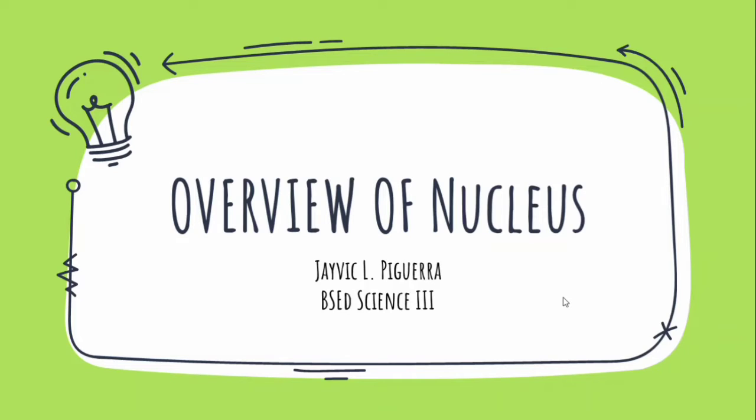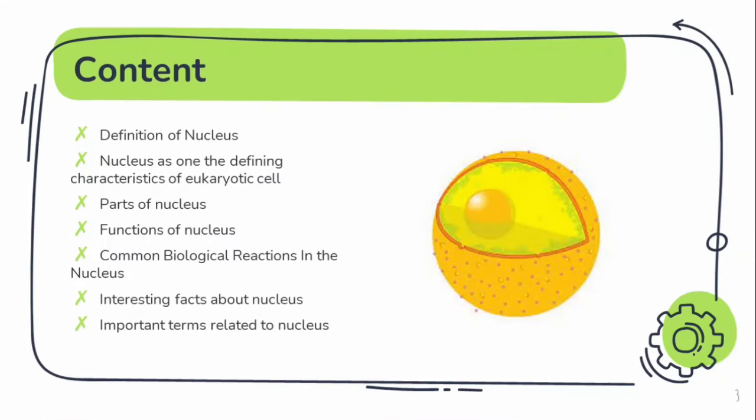Today, I am going to discuss the overview of the nucleus. This is JB Galpiguera, BS Ed Science 3. And this is the content of my report, where I will discuss the fundamentals about the nucleus, including the definition of the nucleus as one of the defining characteristics of eukaryotic cell, parts of nucleus, functions of nucleus, common biological reactions in the nucleus, interesting facts about nucleus, and important terms related to nucleus.